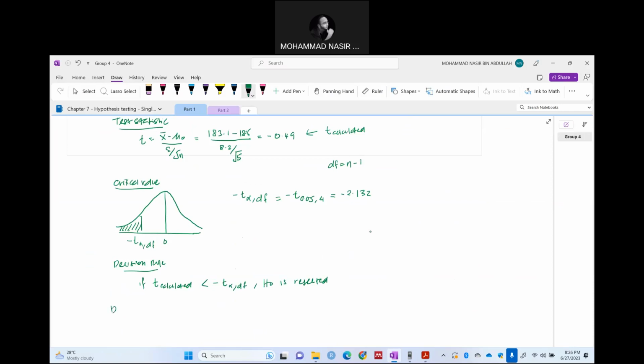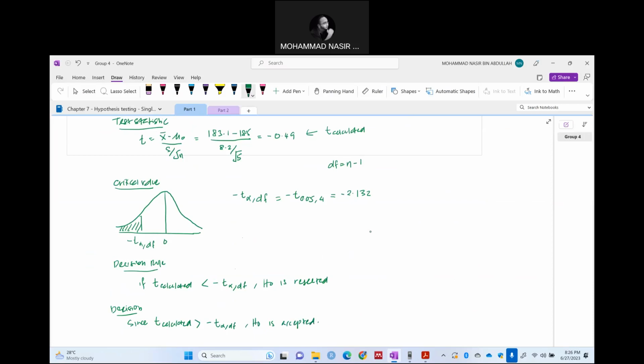So our decision here is, since T calculated is more than negative T alpha with degree of freedom, the null hypothesis is accepted.